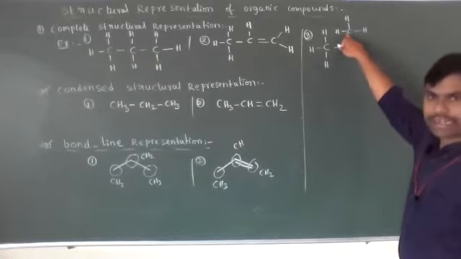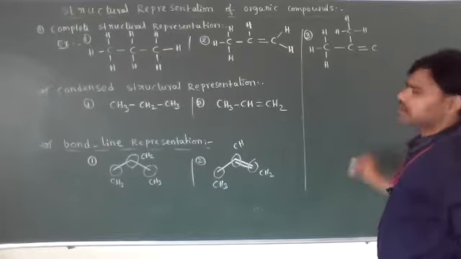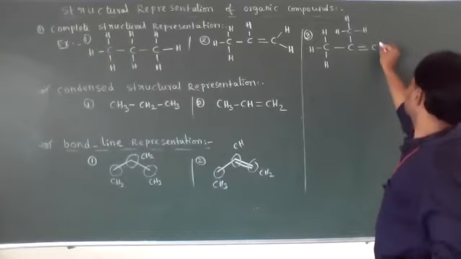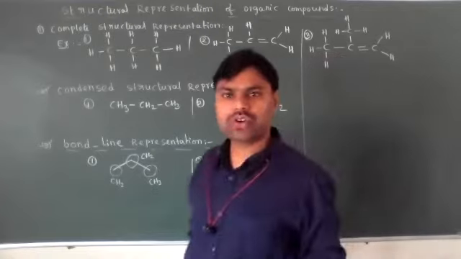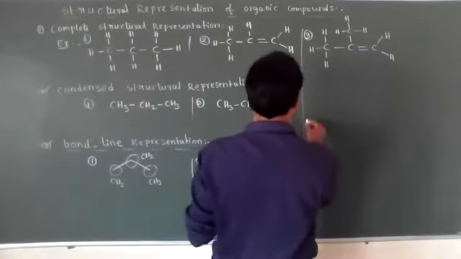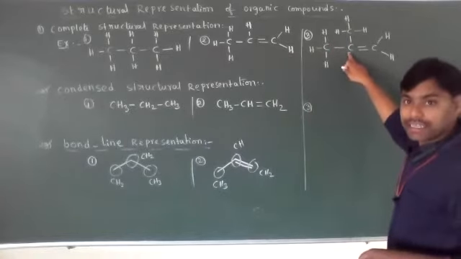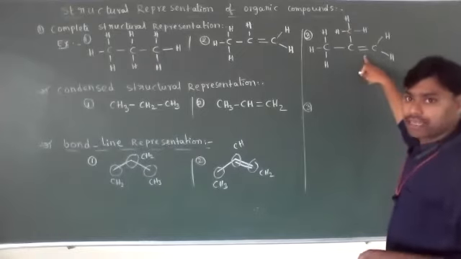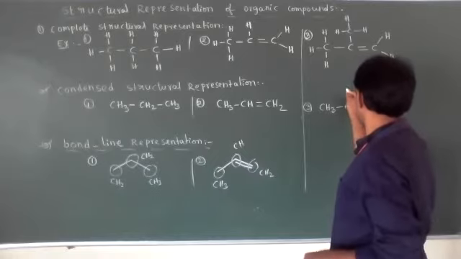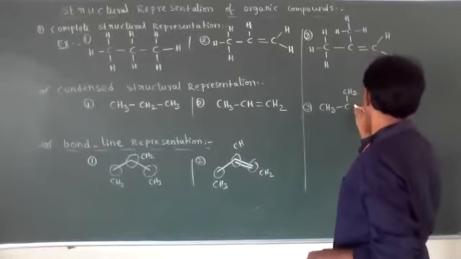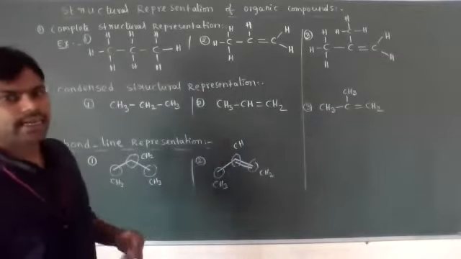This carbon is connected with one carbon on the upper right, and on the right side a double bond, and hydrogen is present. Now how to draw this condensed representation? CH3 bond C bond CH3, double bond CH2. Is it correct or not?